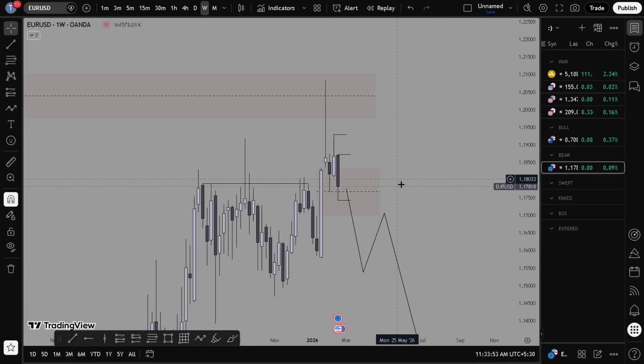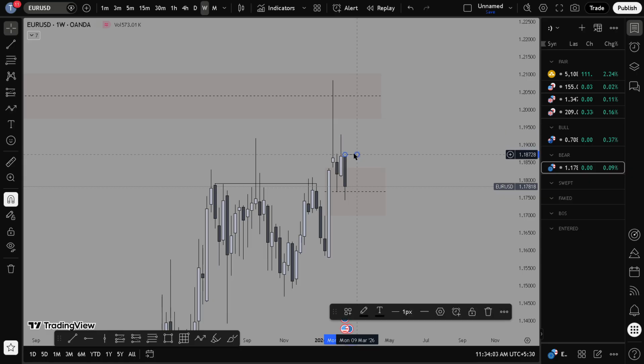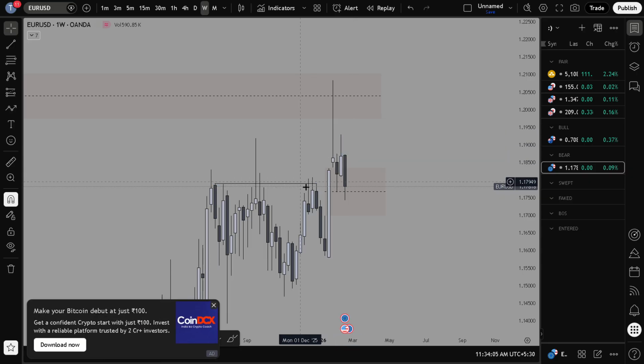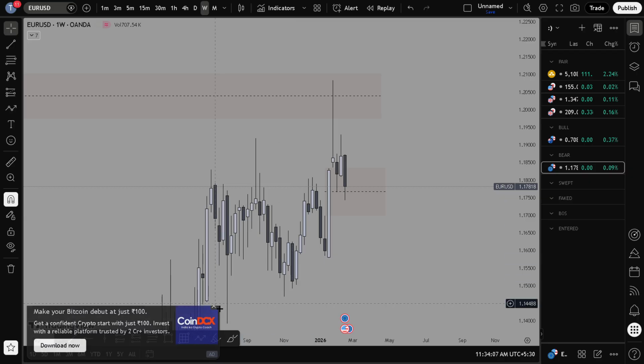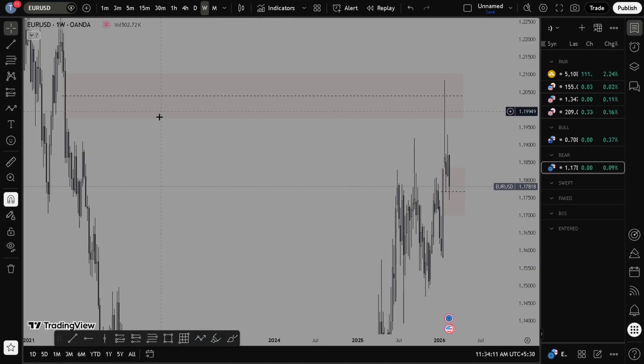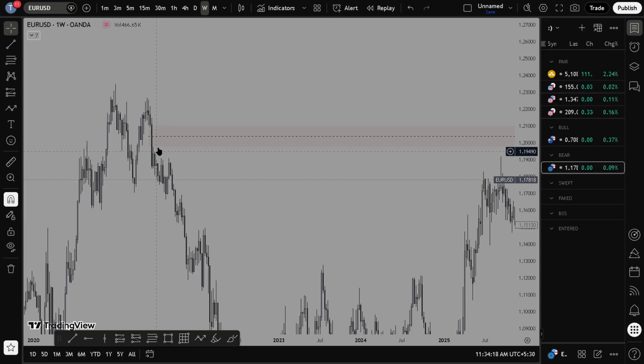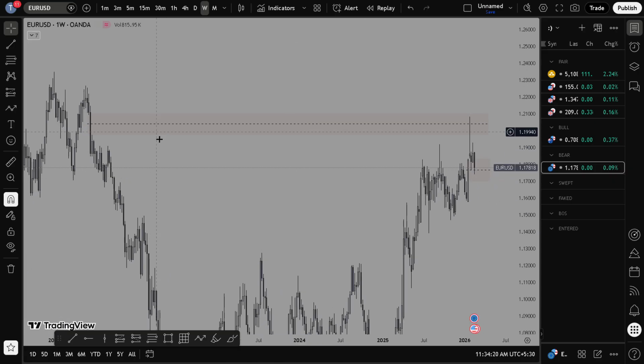Look, the goal is not to be 100% true. The goal is not to predict the exact price action in the coming weeks. You just have to have a little understanding of how price is reacting off of some zones, maybe order blocks, maybe these fair value gaps.